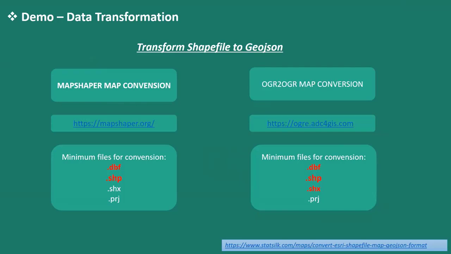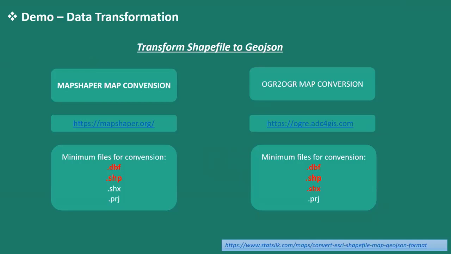I have here 2, MapShaper and OGR2OGR. The minimal files for making this conversion are DBF and SHP for MapShaper. And the minimal files that are required for OGR2OGR are 3, DBF, SHP, and SHX.